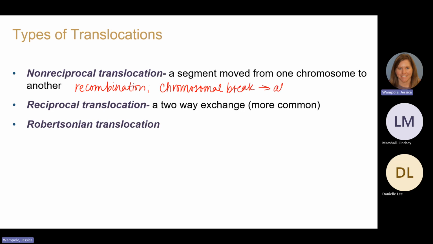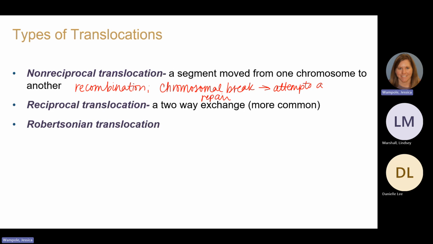And the cell attempts a repair. So basically what happens here is something causes the chromosome to break. Maybe this is damage to the cell, maybe this is UV damage, something like that. And as the cell's getting ready for mitosis or meiosis, it attempts to repair.